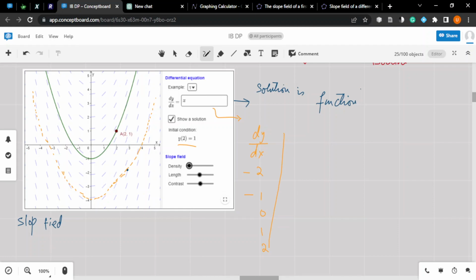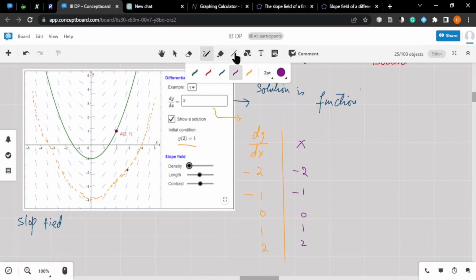Then at every point we can get the value of x. Over here, according to this very simple equation, x equal to minus 2, this will be minus 1, this will be 0, this is 1, and this is 2.